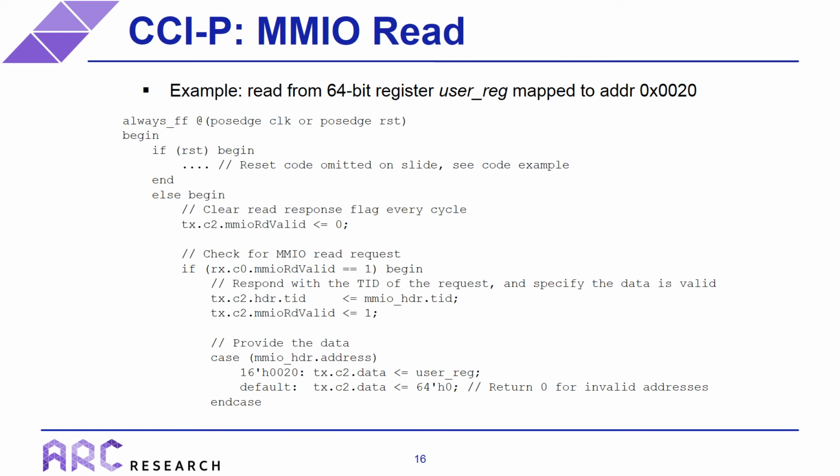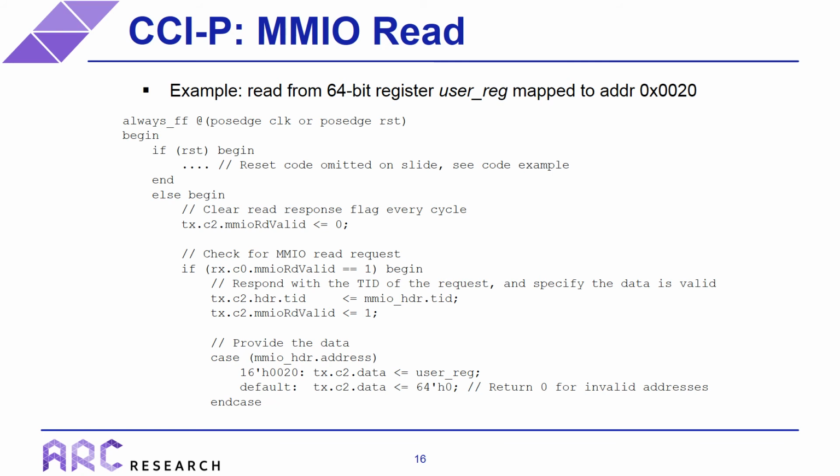Similarly, we assign the MMIO read valid signal on the transmit port. We give it the value 1, so that 1 cycle later it is also asserted. And then finally, we just have to provide the corresponding data. So we have a case statement that looks at the address that is requested for the read.